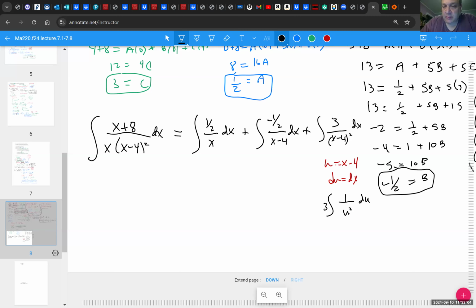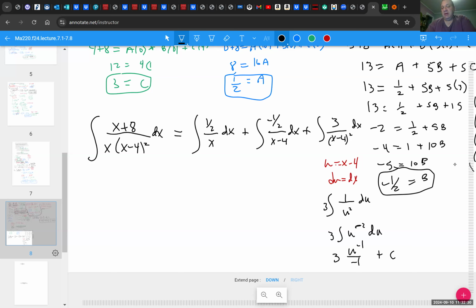And 1 over u squared is just the same thing as u to the -2. And that's our normal power rule for anti-differentiation. You add 1 to the exponent. And then this is going to be 3 times, -1 plus 1, u to the -1 over -1. And then there's a plus c at the end, as always, right?